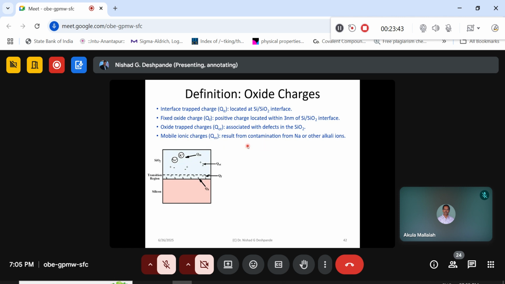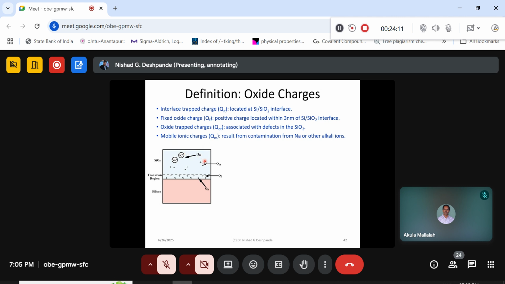Again, most of the times these mobile ion charges are considered to be positive. Okay, so I have just shown it like sodium, potassium ions. If these alkaline ions are present, they form mobile ionic charges, and they will contribute towards the total IV characteristics of the device here.